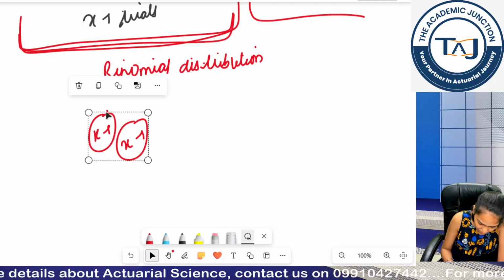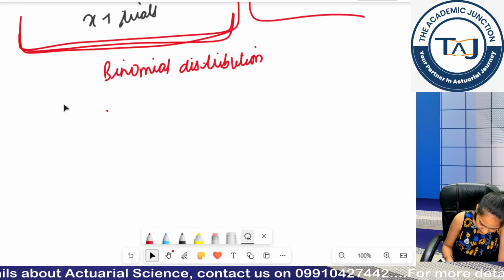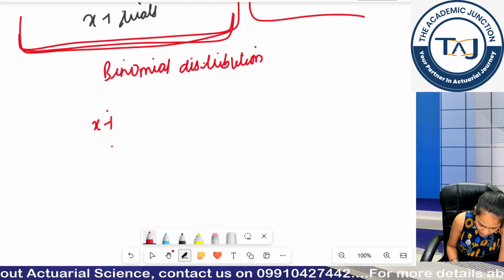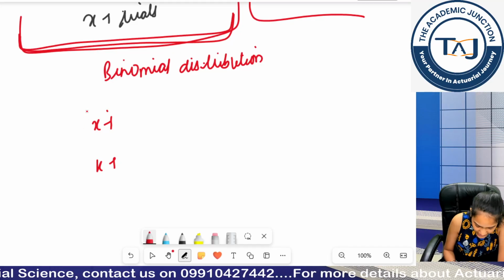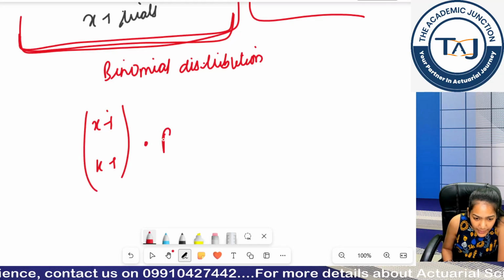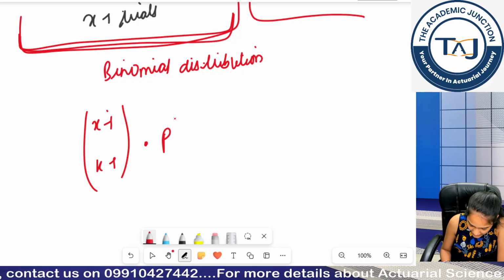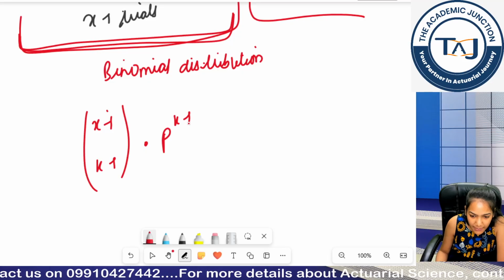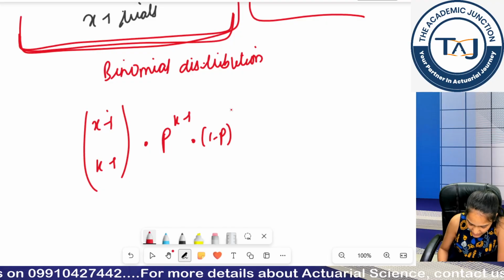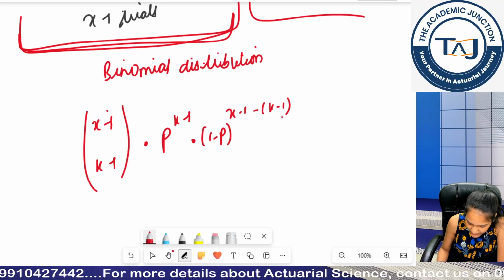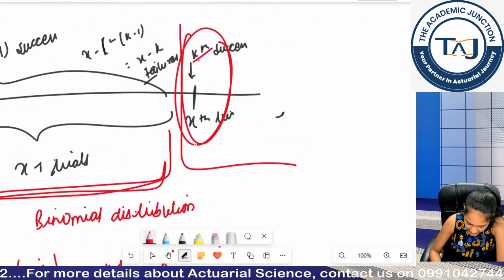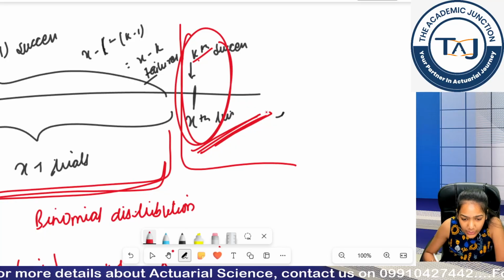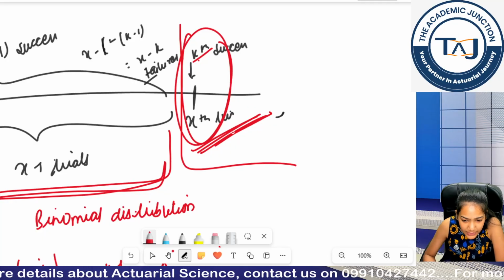Okay, so what is the formula now? I am choosing k minus 1 successes from X minus 1 trials. Okay, if my success probability is p, I am getting the success for k minus 1 trials, and I am getting the failures for this many trials. And now I know the last trial should be a success, right?